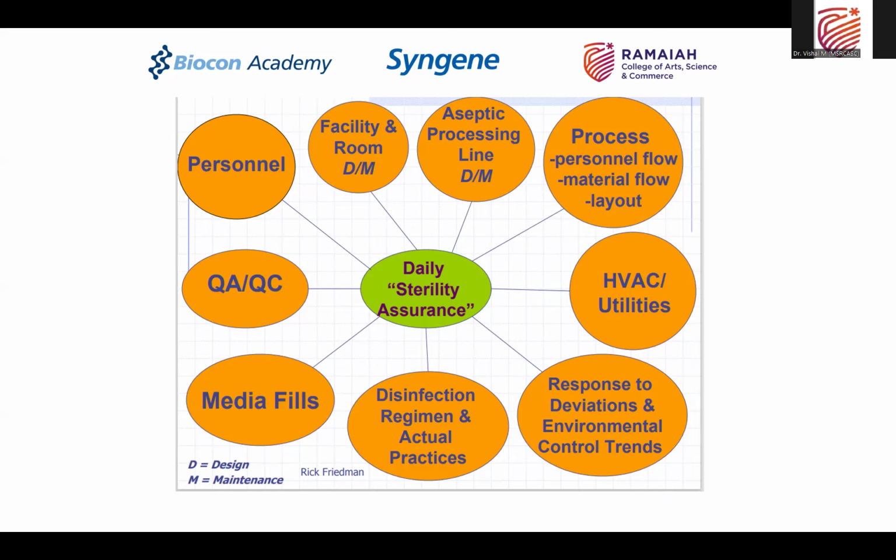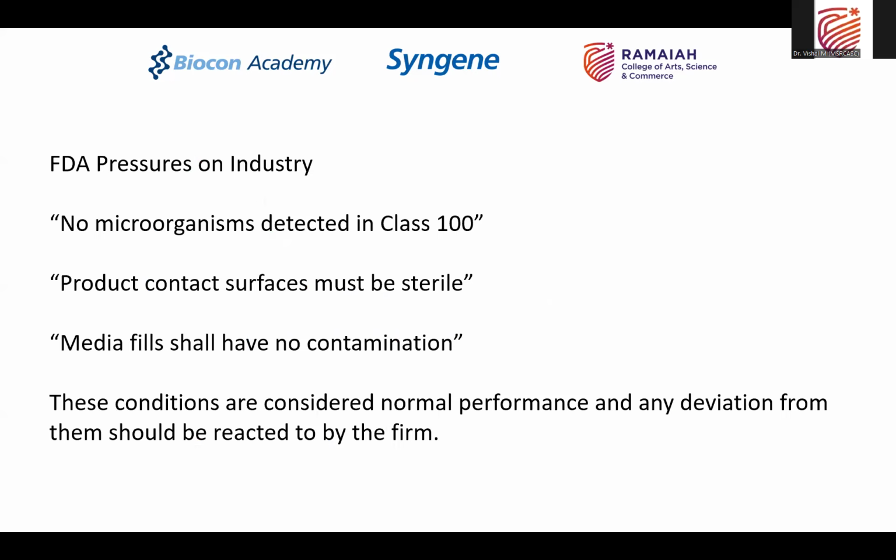If there is a contamination, obviously this is possible because of irresponsible people, if by chance. Then HVAC, utilities, then QA/QC, personal cleanliness, then any kind of facility room, and aseptic processing line, then personnel flow, material flow, or any kind of layout. All these areas we follow environmental monitoring.